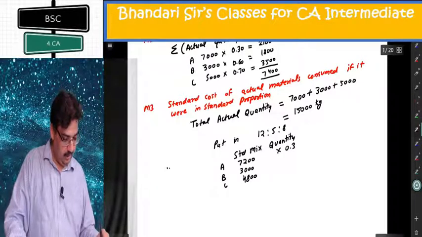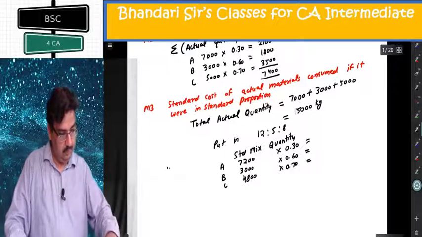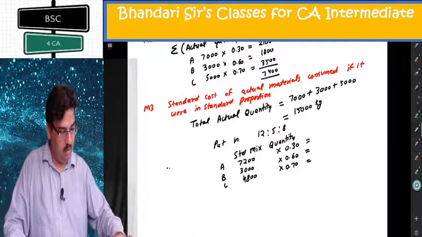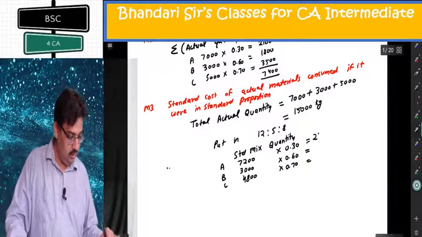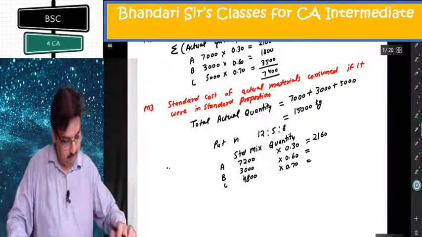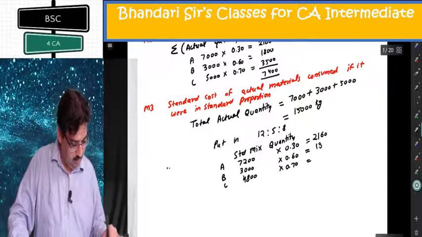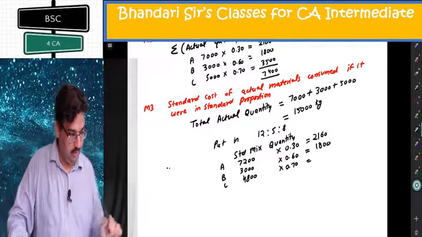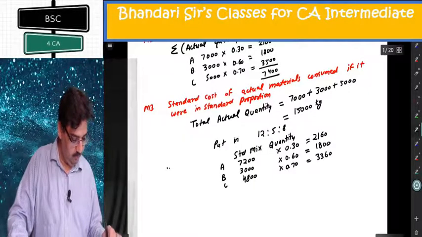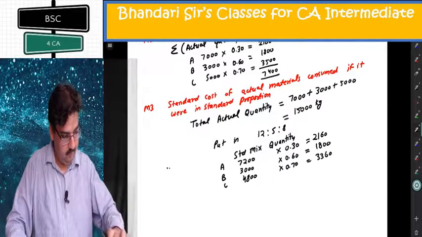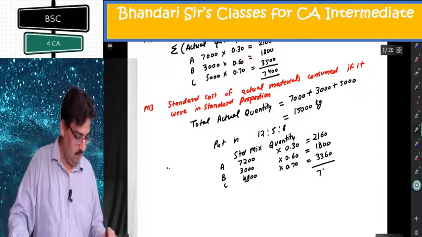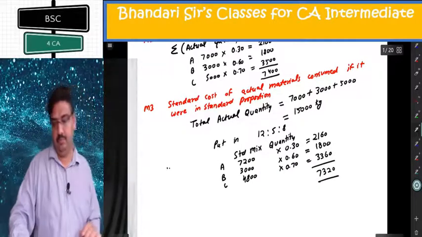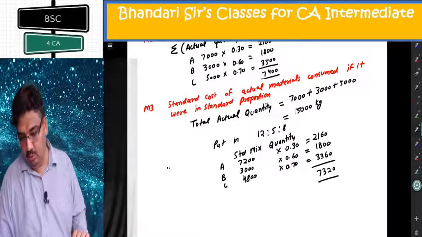Multiplied with standard rate 30 paisa, 60 paisa, 70 paisa. 7,200 into 0.30, I get 2160. 1,800. 4,800 into 0.70, 3,360. I am getting 7,320.